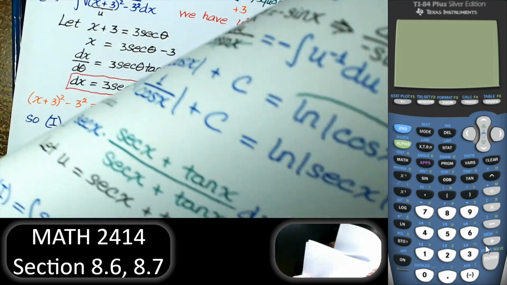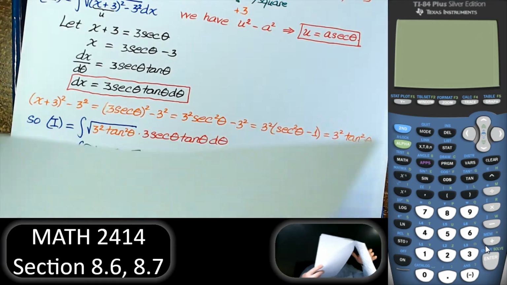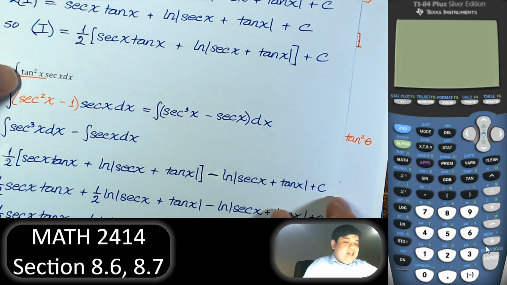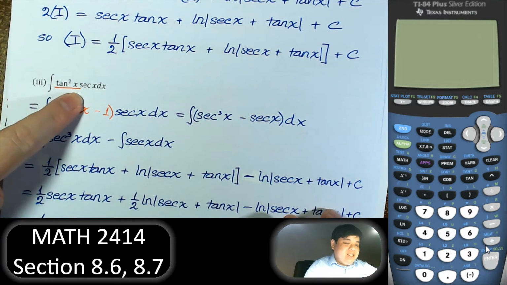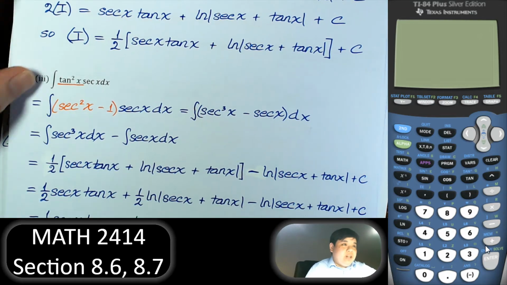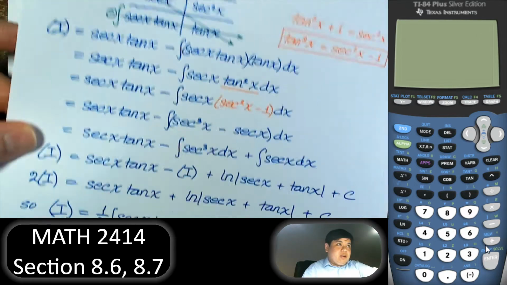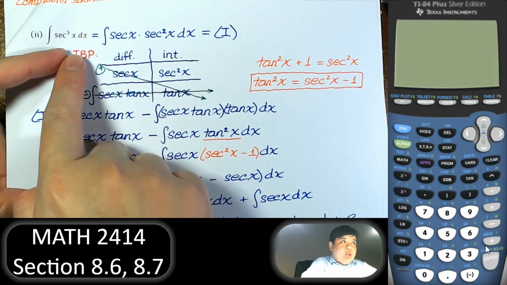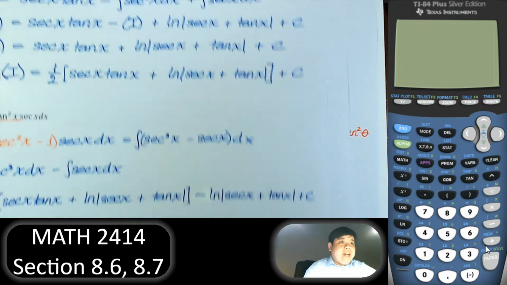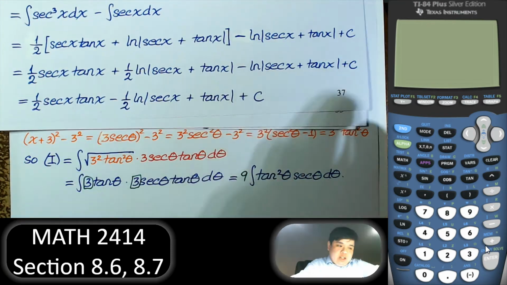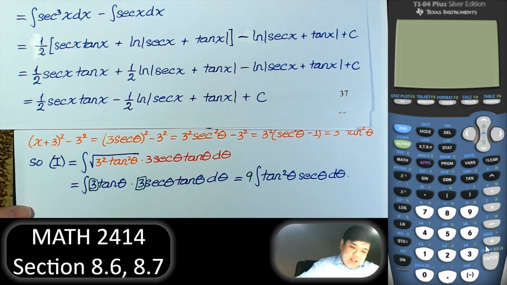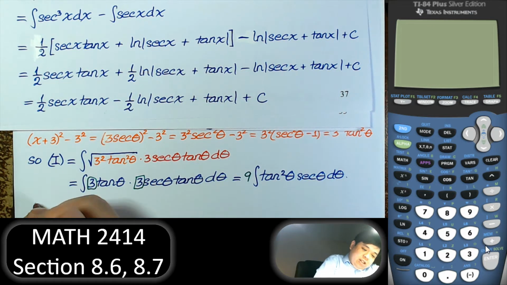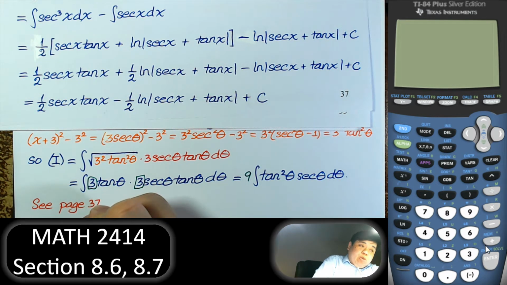Luckily, I think we did this problem. This is tangent squared and secant. So exactly, we did this before. And of course, that's followed by the integral of secant cubed. So it's on page 37. So we just say see page 37. This is where it will be helpful if you write in your notes and then you can reference quickly.